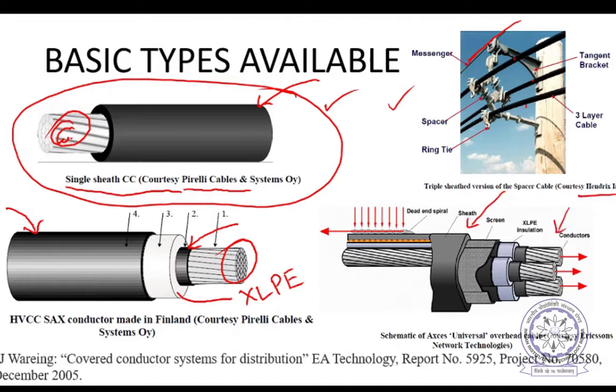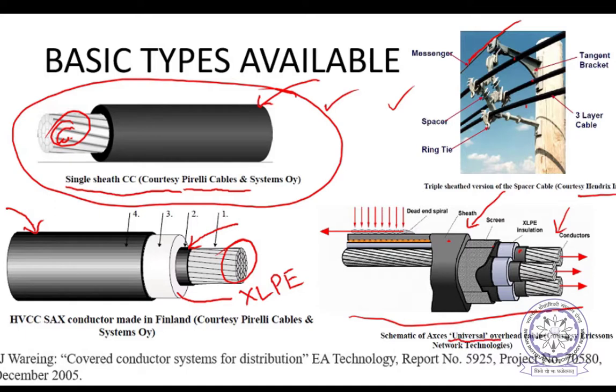You can see 3 phases, and insulation surrounding all these conductors, packed in this manner. You can see several layers. Here also an inner semiconducting layer is there, an outer semiconducting layer is there. There is a screen, a sheath, and an armor surrounding this one. This is called universal overhead cable.